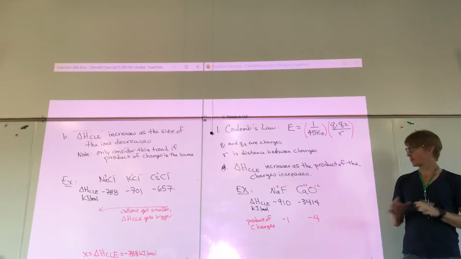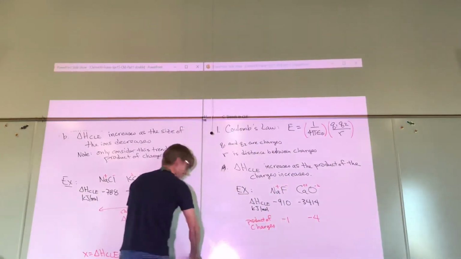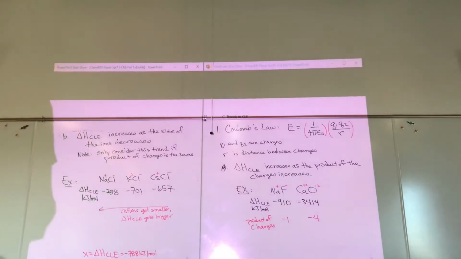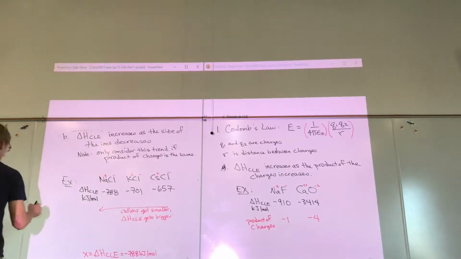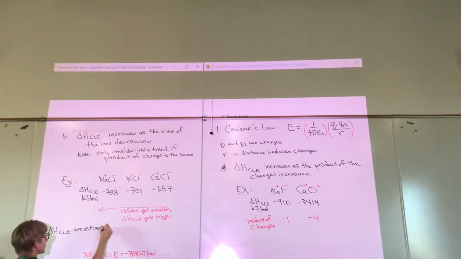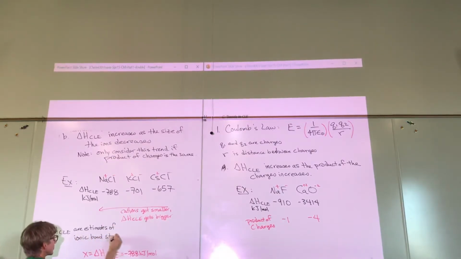Okay. So, let me say one other thing. In my attempt to say why we're doing this, crystal lattice energies are estimates of ionic bond strength. Let me write that up. So, delta H CLE, crystal lattice energies are estimates of ionic bond strength.